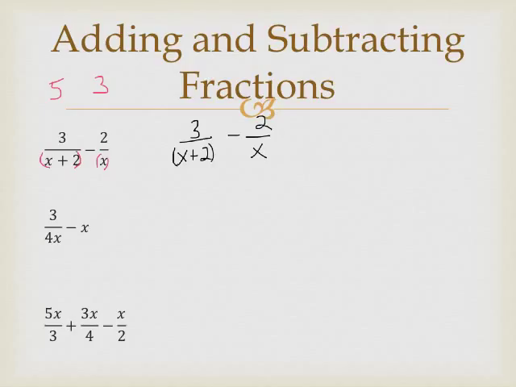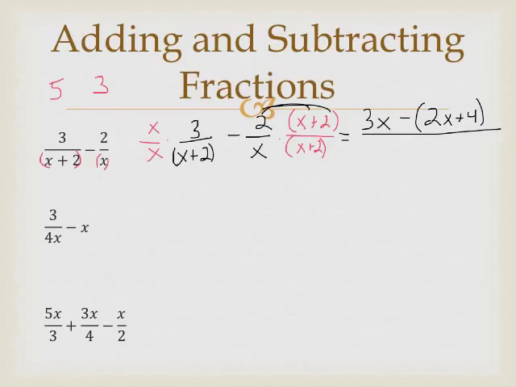So this first denominator has an x plus 2. Second denominator has an x. The only way that they're going to be the same is if I give this first fraction an x in the denominator, and if I give this second fraction an x plus 2 in the denominator. Okay? In which case, we're going to have 3 times x, which is 3x, and then I'm going to have a minus, and then 2 times everything up there. Remember, we can distribute, so that's going to be 2x plus 4, and we're going to have our common denominator of x times x plus 2.